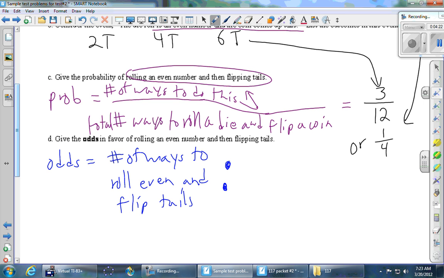It's the number of ways to roll an even and flip tails to the number of ways to not do that. Not roll even and flip tails.